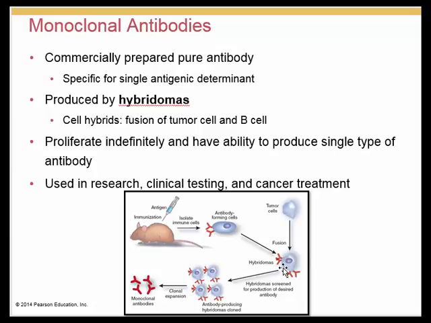And a hybridoma is, again, a fusion of a tumor cell and a B cell. So now we've created an immortal B cell that's just going to do nothing but divide and pump out antibodies against that specific antigen. So then we can take the media that we leave these cells in to feed and proliferate on and drain off the media, give it some fresh so that it can keep producing antibodies, spin those antibodies down, and create those nice little vials that the ER will have in case you need it.